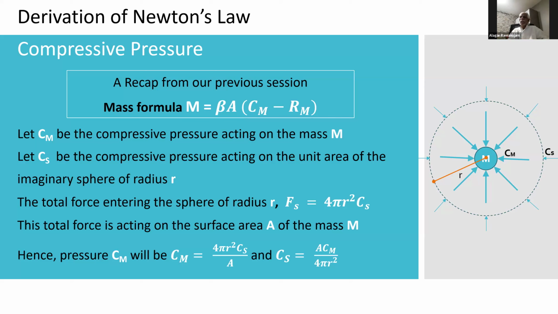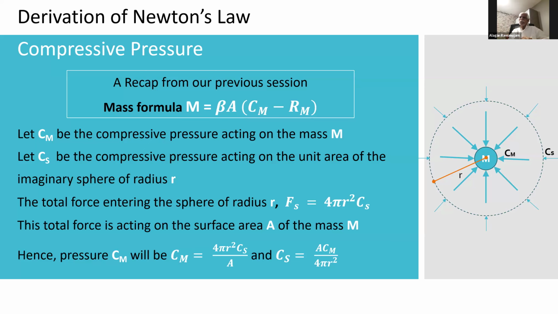That will be the inward pressure on the surface of the sphere. But on the surface of the object, the pressure will be Cm. Therefore, we have to understand this particular equation clearly, Cs equals ACm divided by 4 pi r square. This is the beginning of the derivation.